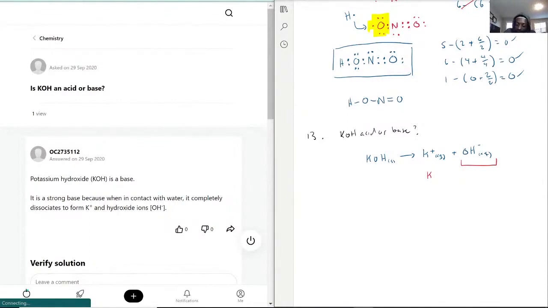But OH minus, if you drew its Lewis dot diagram, I'm just going to do a shorthand. Look at all the possible lone pairs it has.